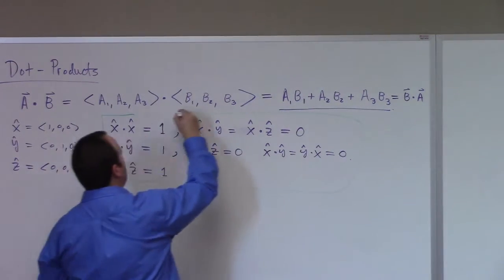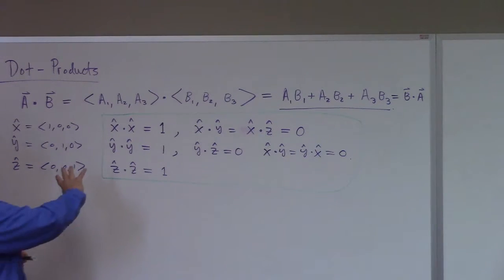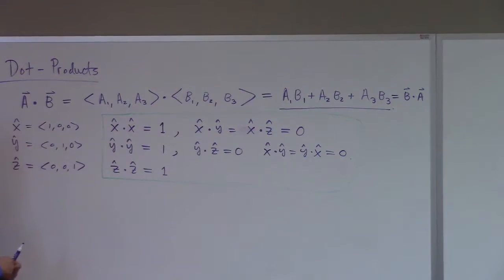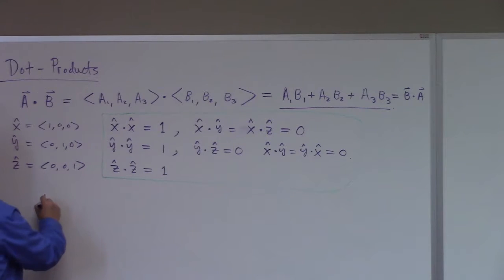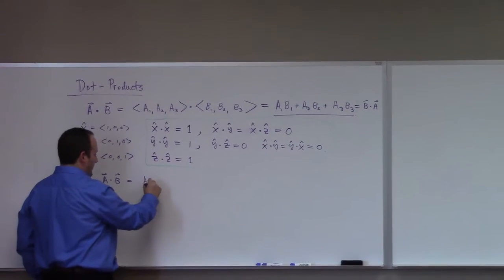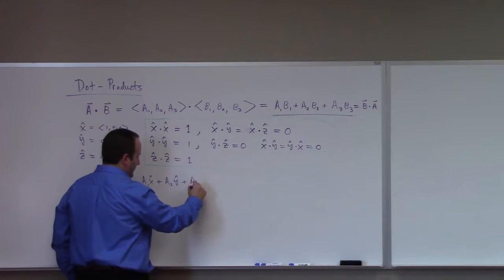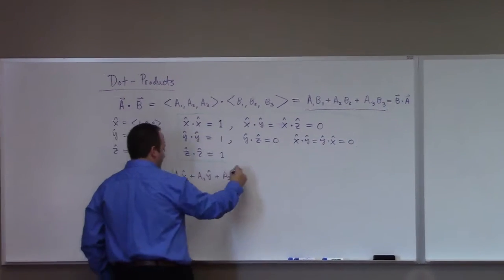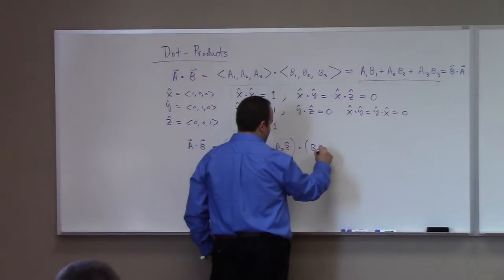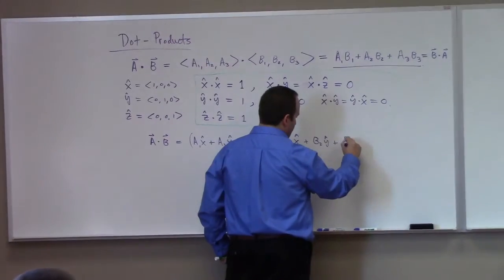Another way of thinking about the dot product is to take these as the fundamental truth and assume the dot product works in the intuitive way. So if I have A dot B, that would be a1 x hat plus a2 y hat plus a3 z hat, dotted with b1 x hat plus b2 y hat plus b3 z hat.